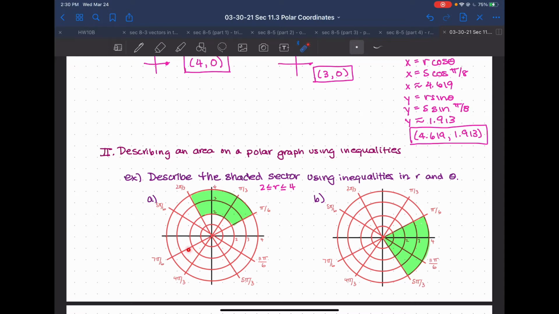Because you always want to start from the smaller values going larger, that means going counterclockwise. So we're starting at pi over 6 and shading to 2 pi over 3. It's really all we want. Pi over 6 is less than or equal to theta is less than or equal to 2 pi over 3. That's it. So think about what the inequalities would be for B.